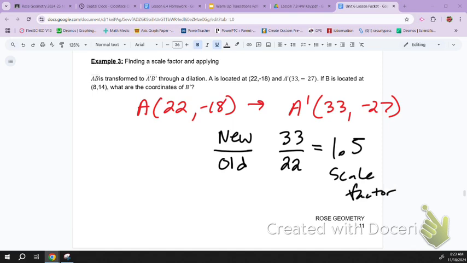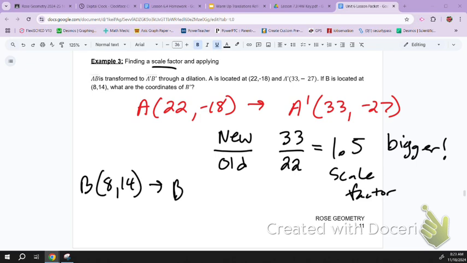So is our shape getting smaller or bigger? Yeah, our shape is going to get bigger. So we found the scale factor. That was step 1. Now we have to apply it. If B is at 8, 14, we need to find B prime.